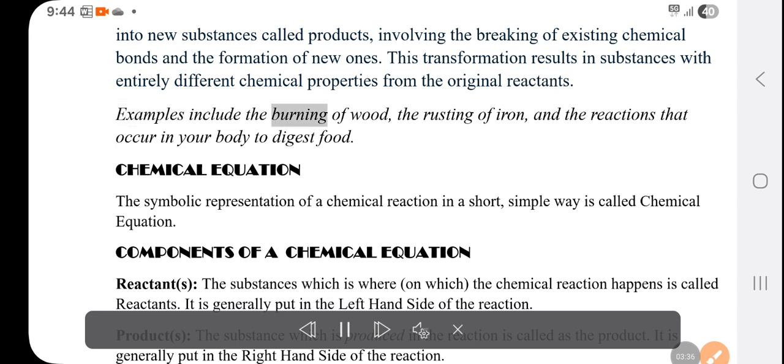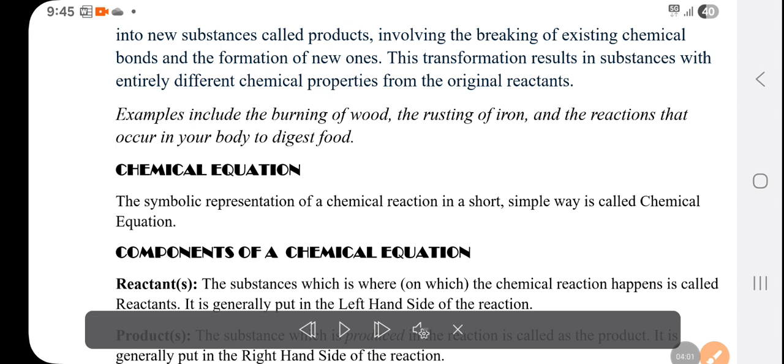Examples include the burning of wood, the rusting of iron, and the reactions that occur in your body to digest food. Exactly. When wood is burnt, it gives out light and heat and some gases like carbon dioxide. Also, some ashes are formed which are not equal to the wood.